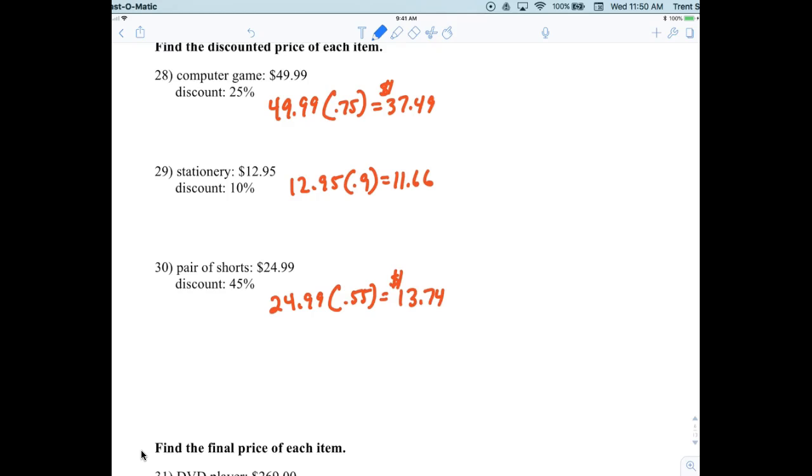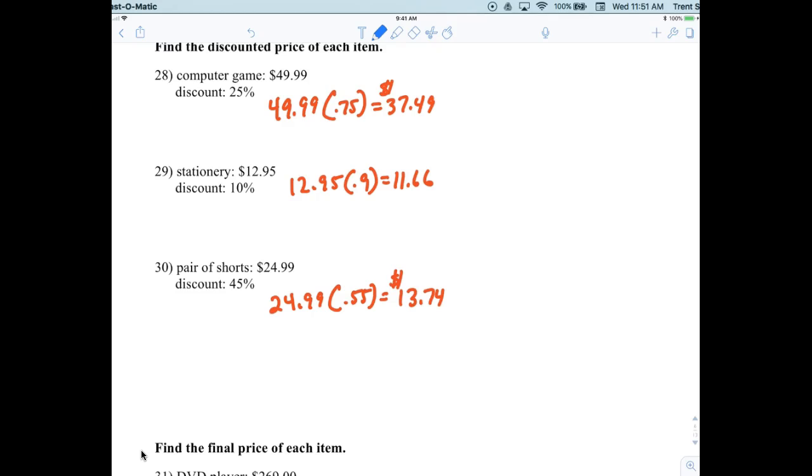Here, instead of paying 100%, I only have to pay what? 90%. And if I get a 45% discount, I only have to pay what? 55%. Does that make sense? And just type that on the calculator, guys. Straightforward, easy. Just type it in. Does everybody understand that? That is super, super important.